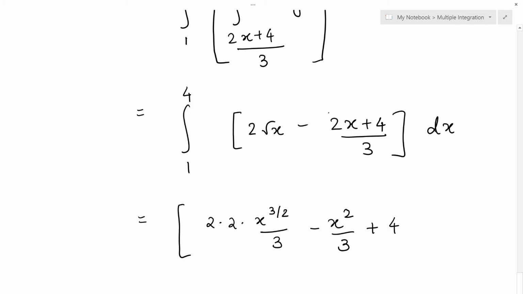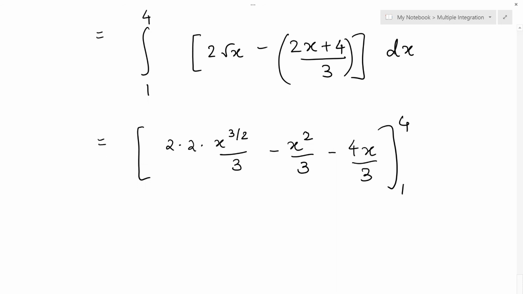Sorry, this is a minus sign outside, so minus will get multiplied inside. So this will have a minus sign: minus 4 into x by 3. The limits of integration are 1 to 4. So now let's substitute the upper limit and the lower limit and then simplify. I leave it up to you for simplification. You can check, the answer should be 1 by 3.